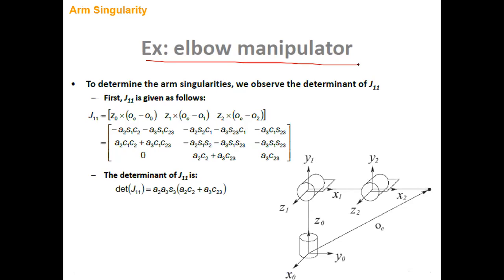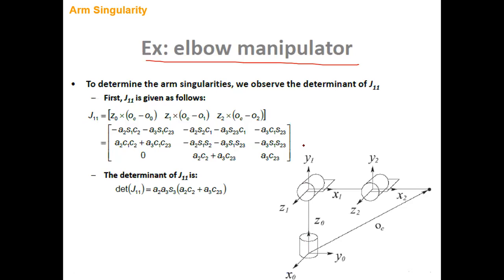So what does the arm consist of here? This arm also consists of 3 revolute joints, similar to the wrist.